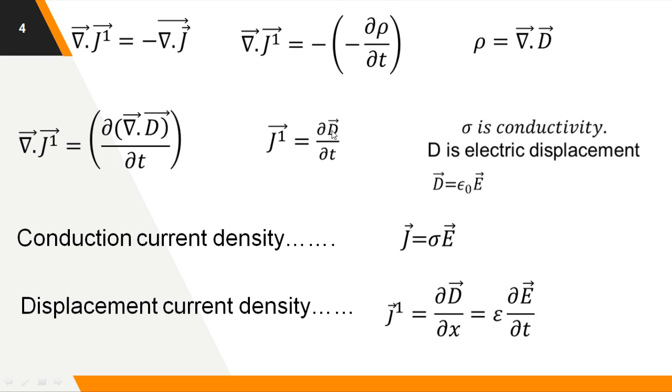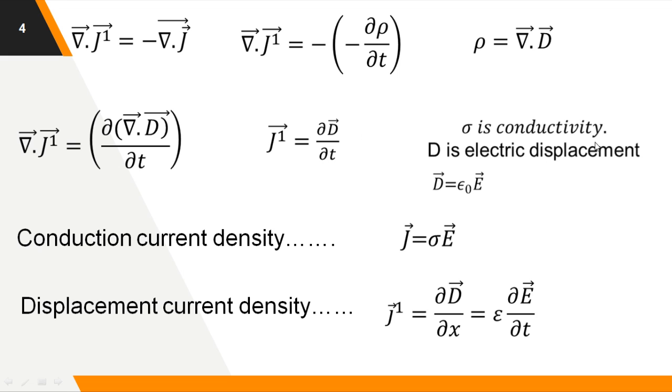In the place of D, you write epsilon naught E. Then it becomes epsilon naught ∂E by ∂t.